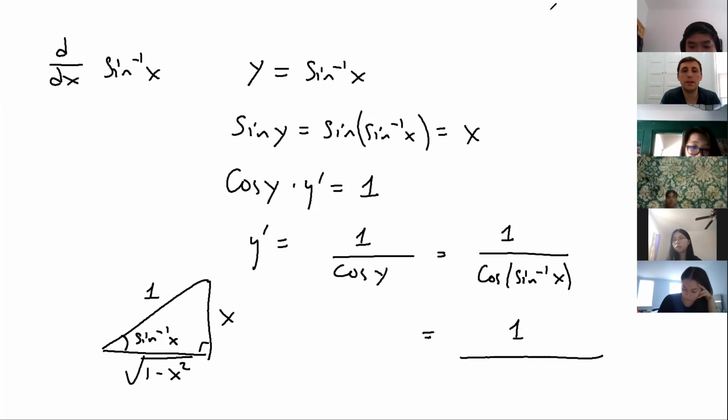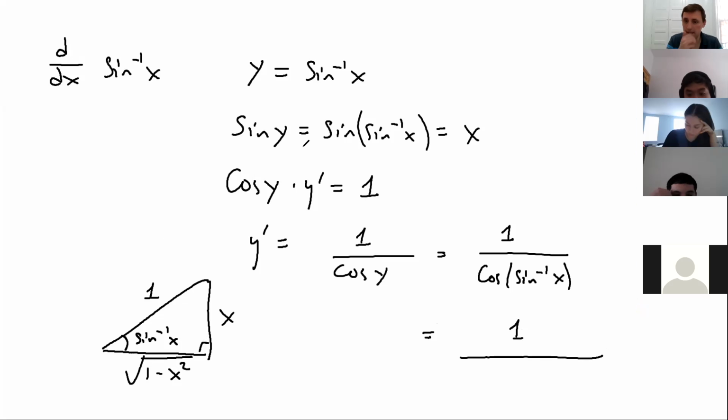Cosine of sine inverse of x, you look at this triangle, guys. The information is right here. Cosine of sine inverse x is... no, that's sine of sine inverse x. Look at it. Sine of this angle is opposite to hypotenuse.